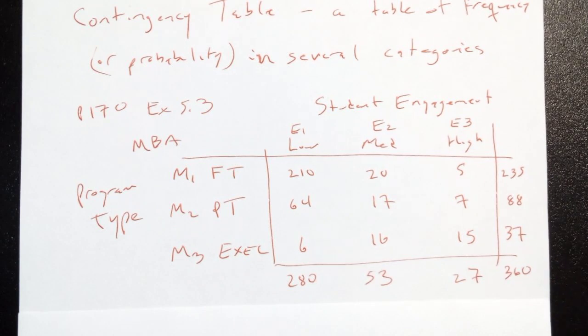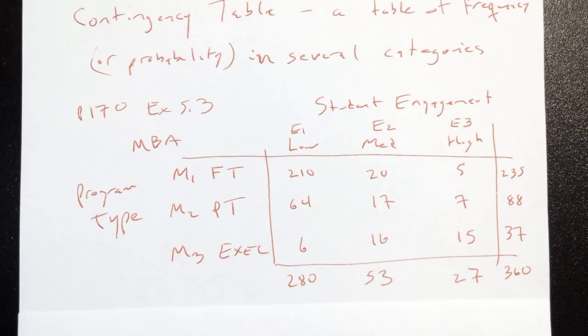Speaking of, I want to go back to our probability ideas and continue there. We had, the end of class Wednesday, this discussion of breakdowns of student engagement versus status within an MBA program. So I've got students with low engagement, medium engagement, high engagement. I've got students in the full-time program, the part-time program, and the executive program.